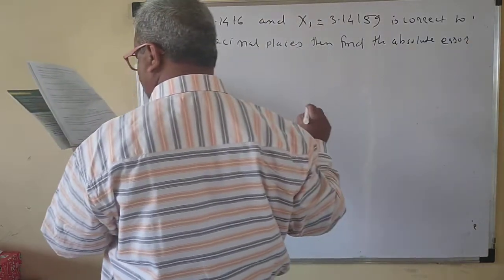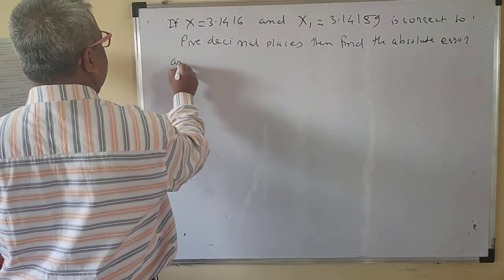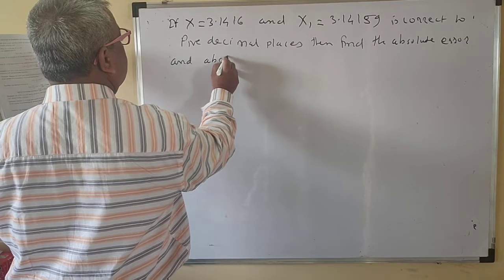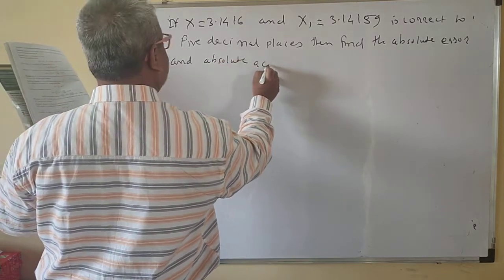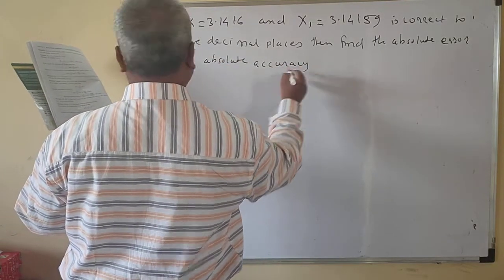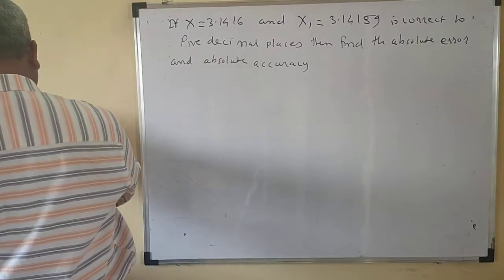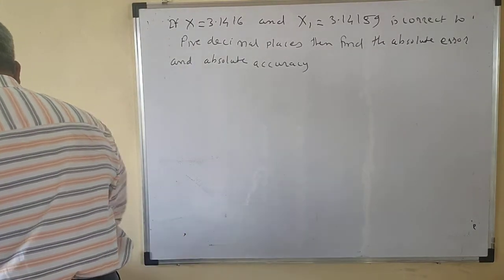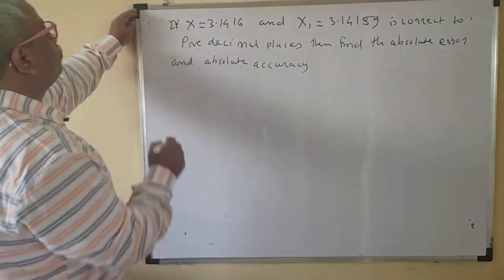Absolute error and absolute accuracy are different. Then find absolute error, absolute accuracy. Okay, solution.